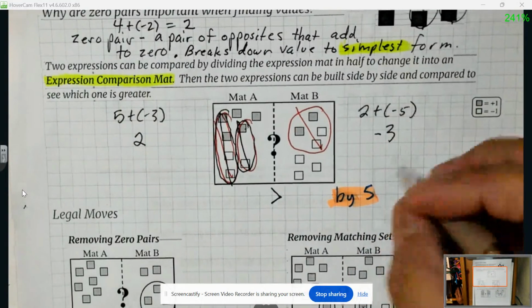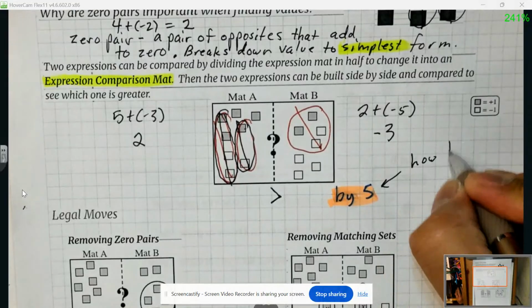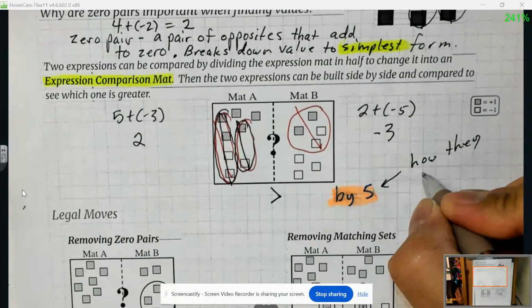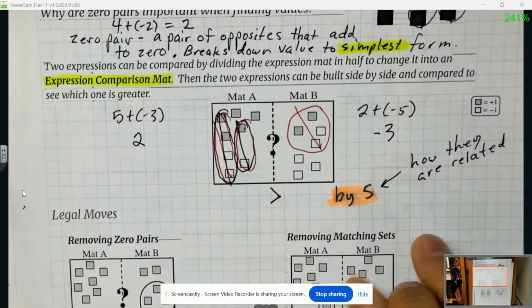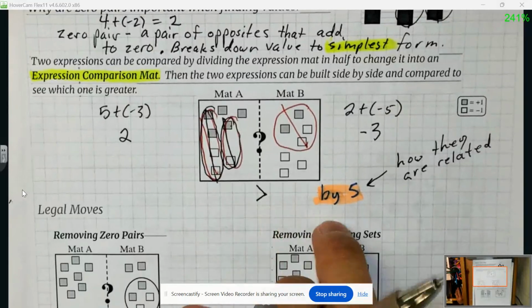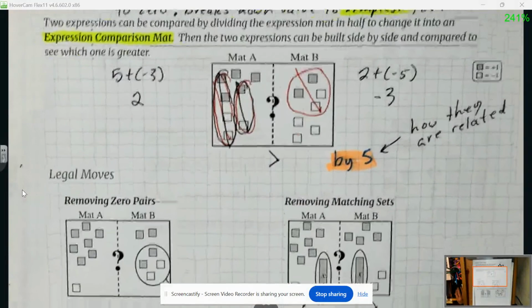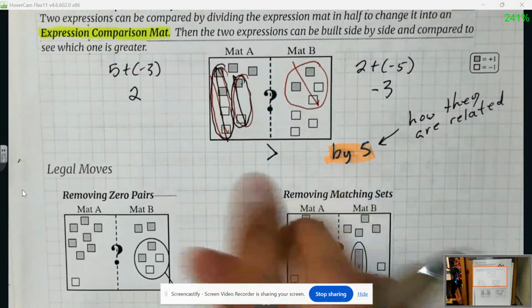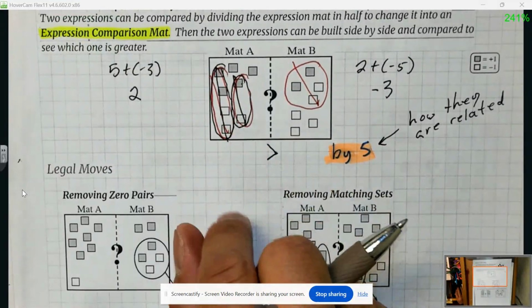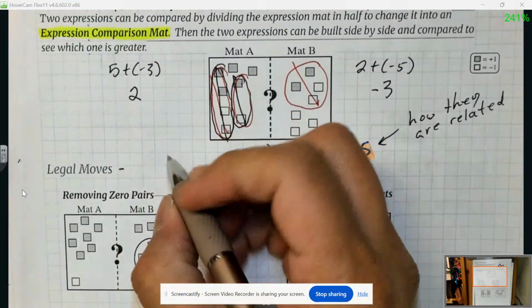This basically says how these two mats are related to each other. One's bigger than the other by this many. So what we just saw was called a legal move, because what a legal move does is, whenever you have two values that you're comparing, it should not affect the value of the relationship.